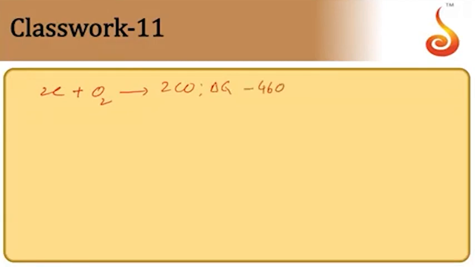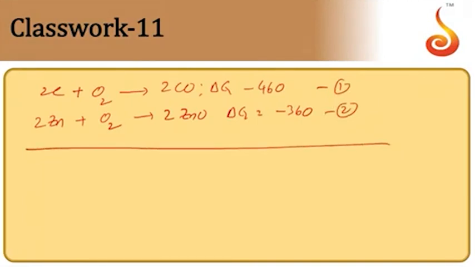And equation 2 is 2Zn plus O2 giving rise to 2ZnO, and its delta G value is given as minus 360. We are now doing equation 1 minus equation 2, so I am changing sign here.